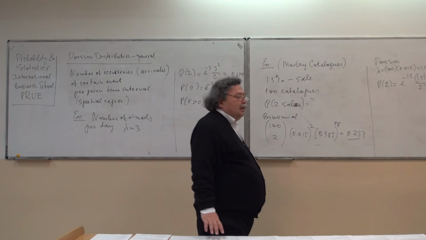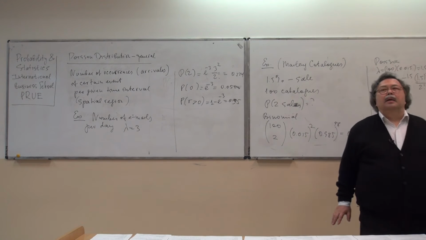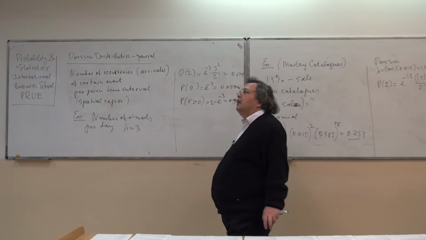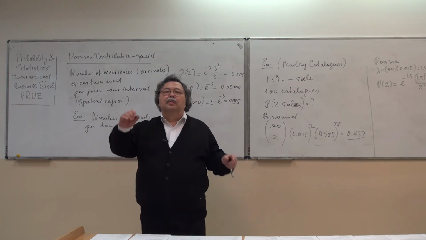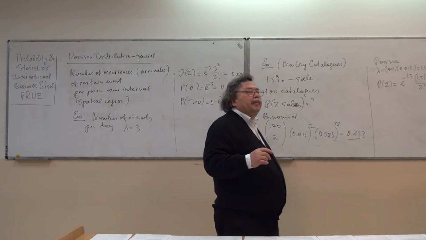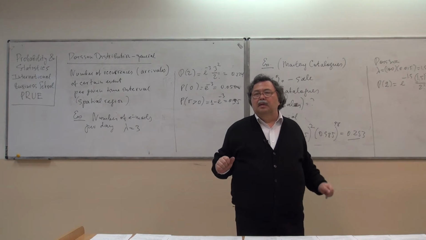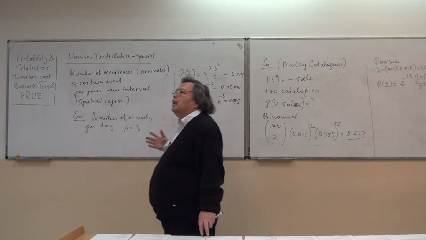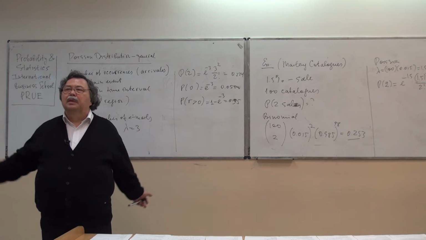As a little example, let's discuss this situation. Suppose we are interested in developing the probability distribution for the number of customers that visit a small restaurant. Suppose a small restaurant that has as many as 10 tables or 15 tables.